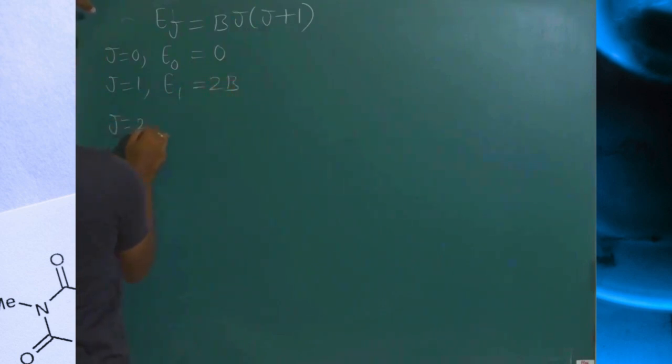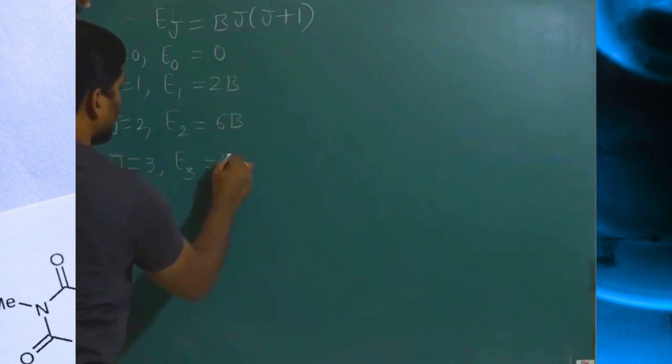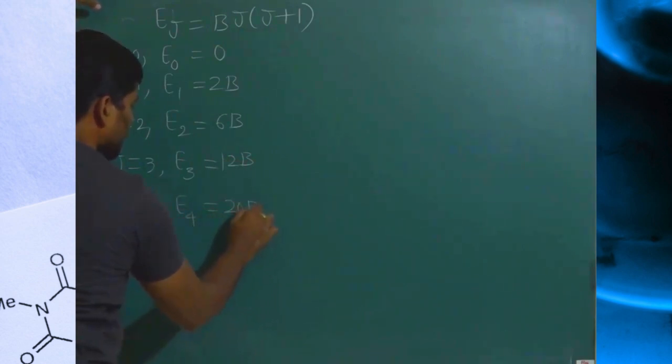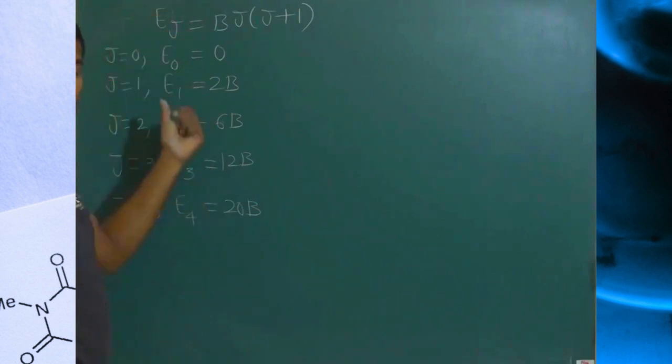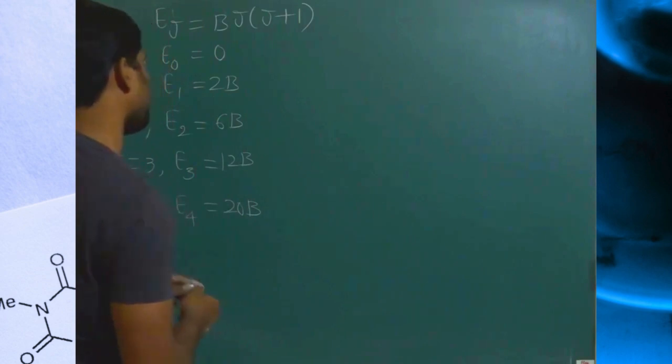J is equal to 2, E2, 2 plus 1, 3, 3 into 2, 6B. J is equal to 3, E3, 3 plus 1, 4, 4 into 3, 12B. If you substitute J is equal to 4, E4, 4 into 5, that is 20B. So these are the various possible rotational energy levels for a rigid diatomic molecule or rigid rotator.